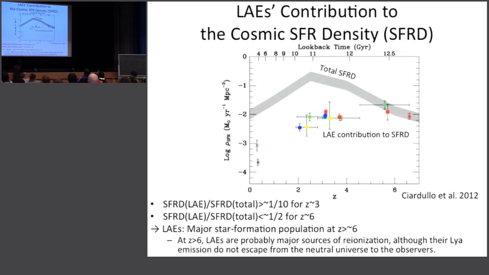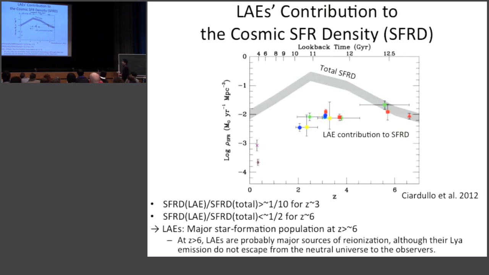Also, this is another format of the increasing importance of the Lyman-alpha emitters from redshift 3 to 6. This is a result of the HETDEX pilot survey, and at redshift 3, the Lyman-alpha emitter contribution to the cosmic star formation rate density was about 1/10. But at redshift around 6, it's about unity, or about 50%.